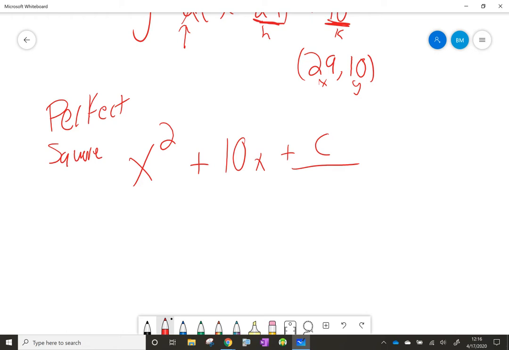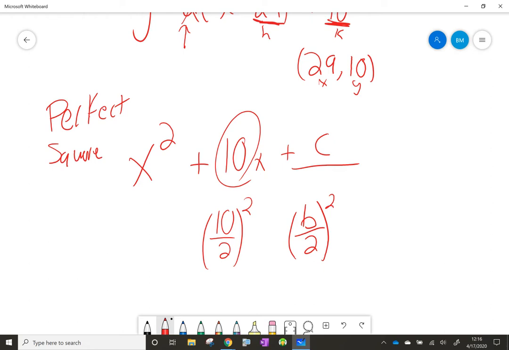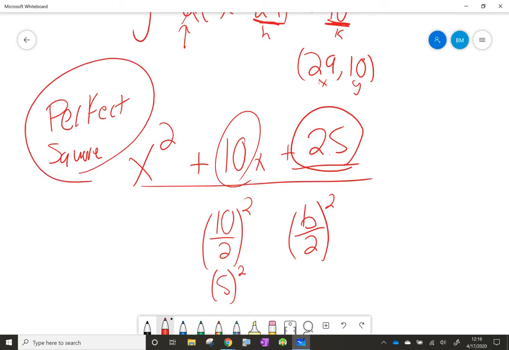How we would find that number is we would take half of this number. So we would take 10 and divide it by 2, and then we would square that number. There's a really basic formula: it's the b value divided by 2, squared. So applying that here, 10 divided by 2 would be 5, and then 5 squared would be 25. So 25 would be the number that would have to go here for it to be a perfect square trinomial.